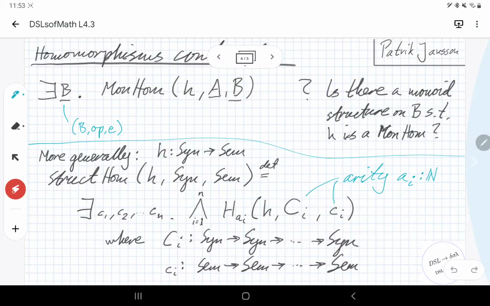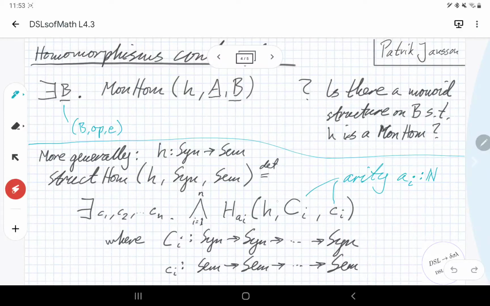And notice the special case for the monoid, then i was from 1 to 2. There were two operators there. And then I've used a1 was 2 and a2 was 0. So the arity of the first operator, like plus, was 2, and the arity of the constant was 0.